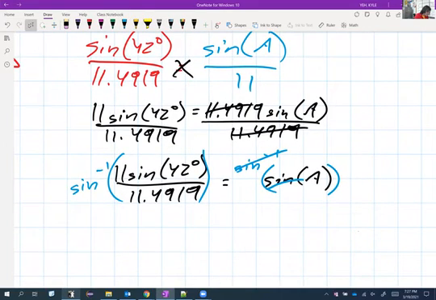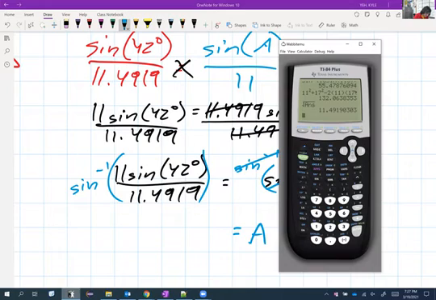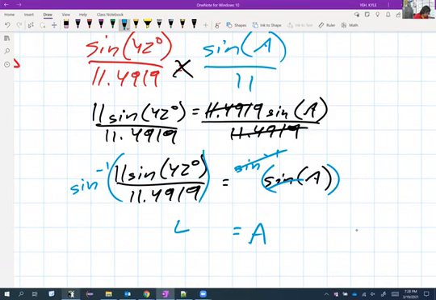Which means that A equals inverse sine of 11 sine 42 over 11.4919, about 40 degrees.